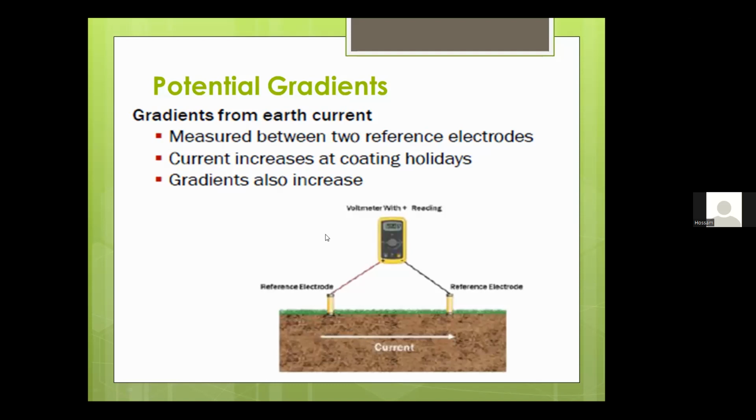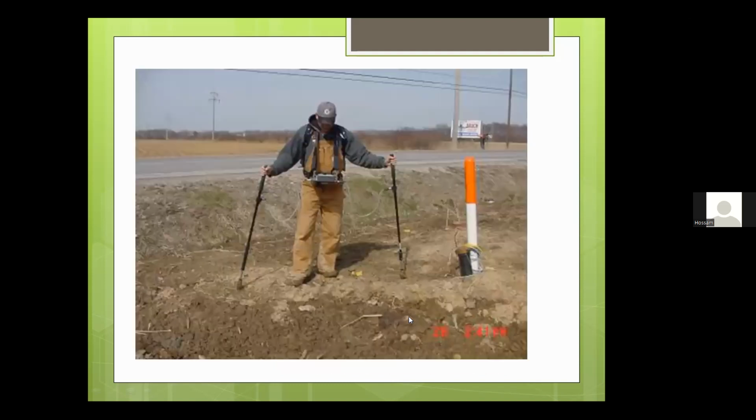Current increases at coating holidays. Also, the gradients will increase. Here is the method of doing the DCVG survey to identify the location of the coating defect of the pipeline.